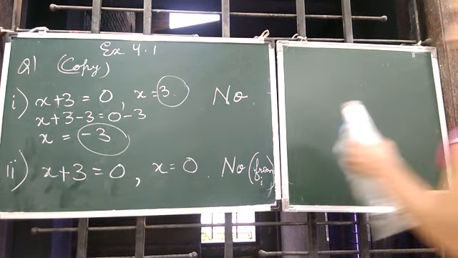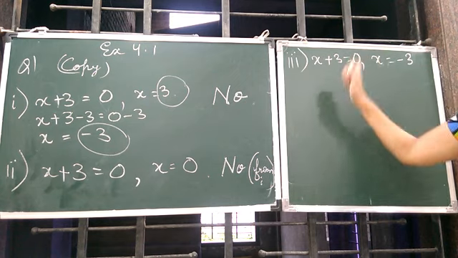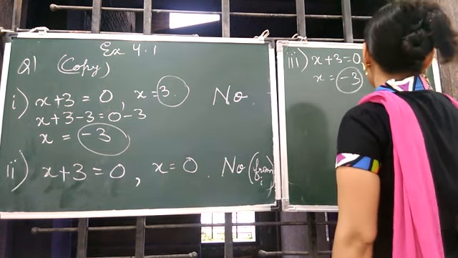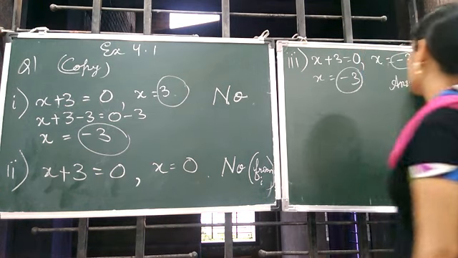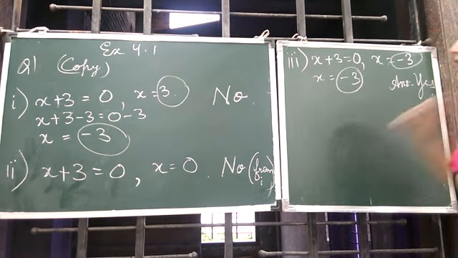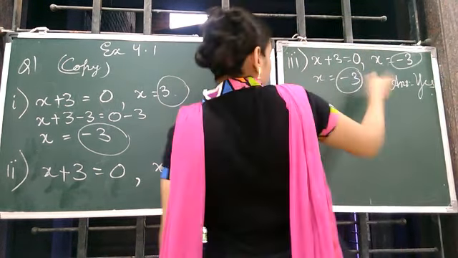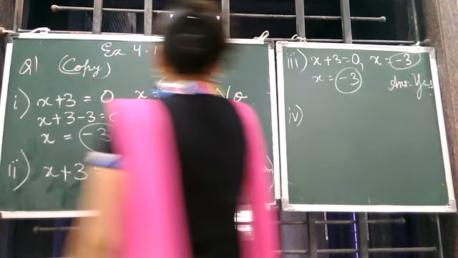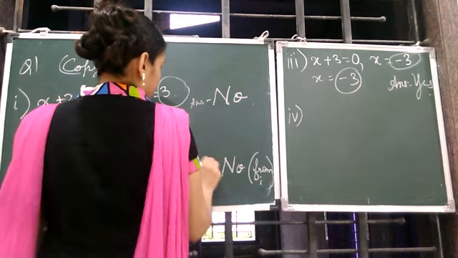If you solve, x will become minus 3 only. Yes? So it is yes. If you see number 1, yes. So x is equal to minus 3. You can say that answer is matching. Answers are same. So it's a yes. The third column is yes. You can write answer is equal to yes. If you want, you can write answer here also.